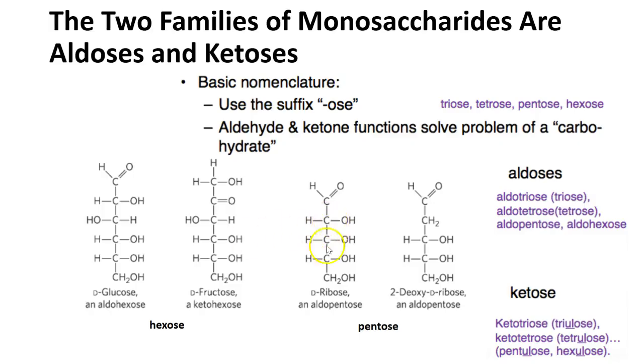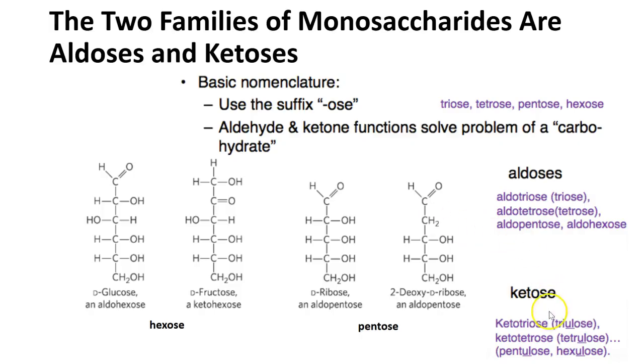As for the pentoses, the difference between D-ribose and 2-deoxy-D-ribose is on that second carbon right here. You'll notice that this carbon has the hydroxyl group, where this one does not have the hydroxyl group, and that's where the naming of deoxy is coming from.